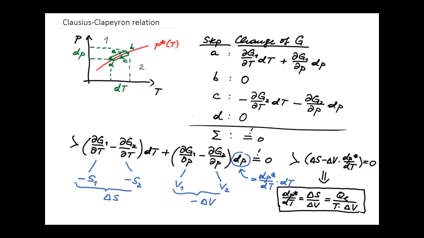Now, unless, which would be a very pathological case, unless the slope of the coexistence curve is 0 or infinite, so excluding these pathological cases, if you just take a finite non-zero slope of the coexistence curve, then this implies that whenever delta S is not equal to 0, so there's a discrete change in entropy, then delta V must also be different from 0.